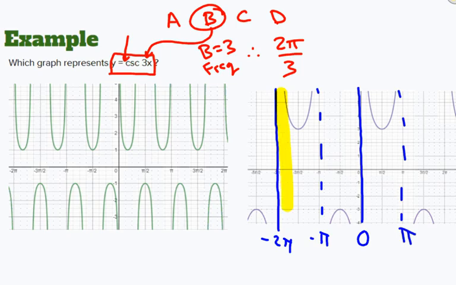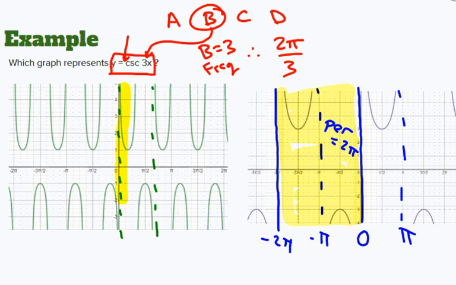This would be a whole period from negative 2 pi to 0. That means its period must be 2 pi. Doesn't seem to be 2 pi over 3. And in fact, when we come over here and we start graphing asymptotes, there's an asymptote here, and there's an asymptote here, which is sort of hard to figure out where that exactly is.